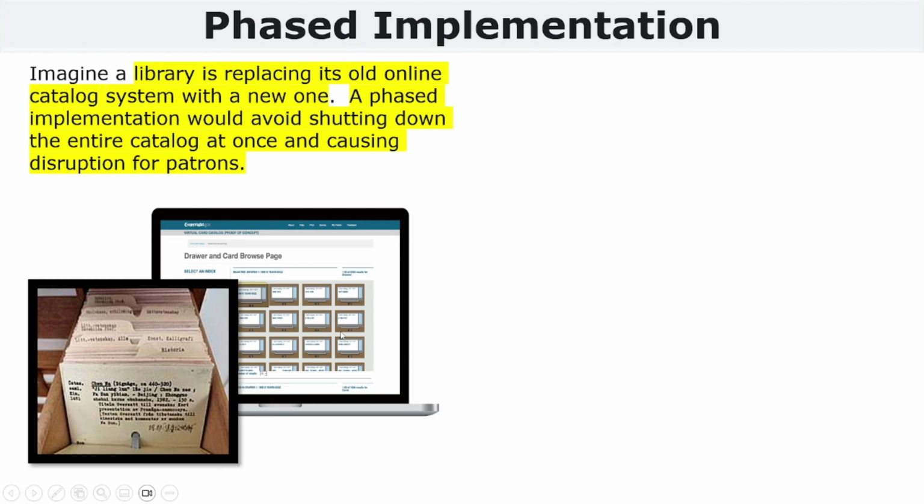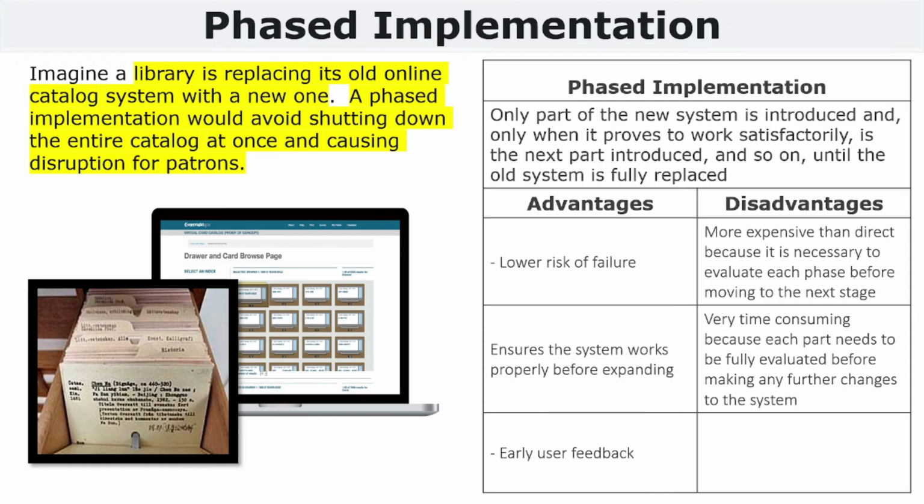So what the phase implementation does is that instead of taking over the entire system, it just takes a section of the catalog and replaces it or installs it onto the new system and then checks whether it works well. Then if it works well, it moves on to the next stage till the system is complete.